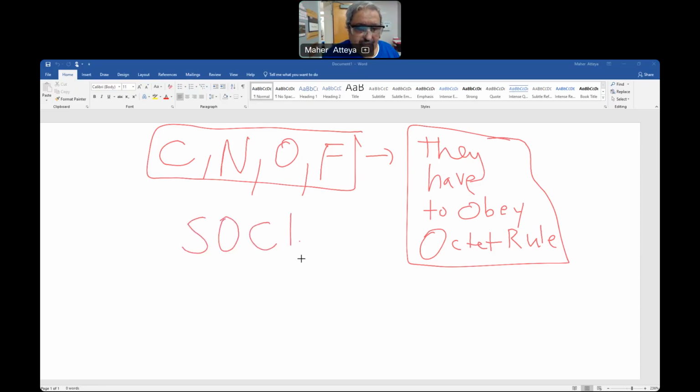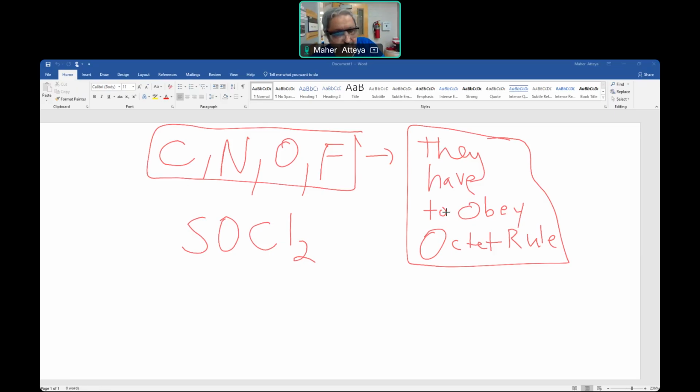Well, sulfur and chlorine, SOCl2, for example. Thionyl chloride. This is a highly poisonous compound. It was used, I think, in World War I and World War II.